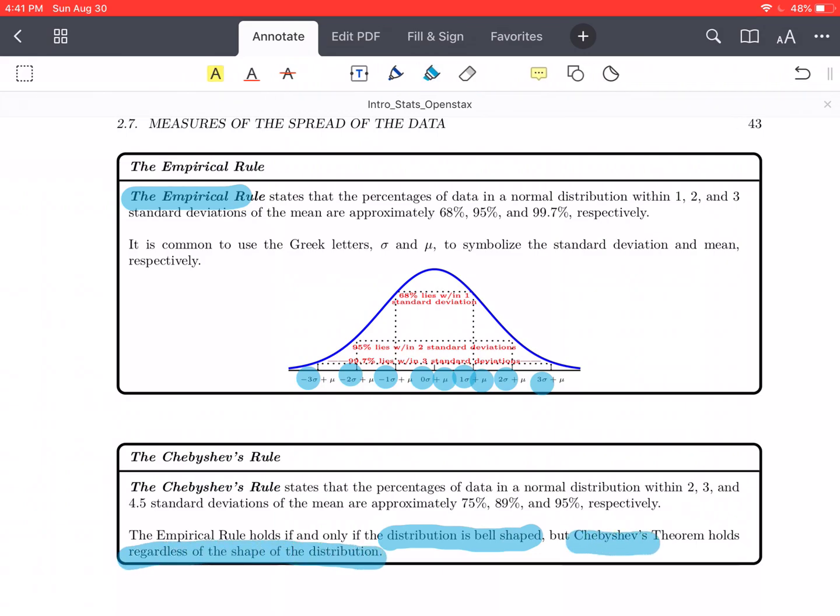So Chebyshev's is less certain than the empirical rule, but it applies to more types of distributions, not just bell-shaped. So it's up to us to determine which is more appropriate for the situation. You can always use Chebyshev's, but if it's bell-shaped, the empirical rule is going to be more accurate and more useful for us.